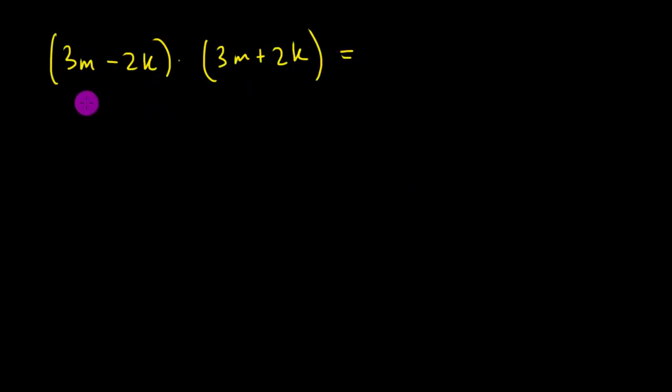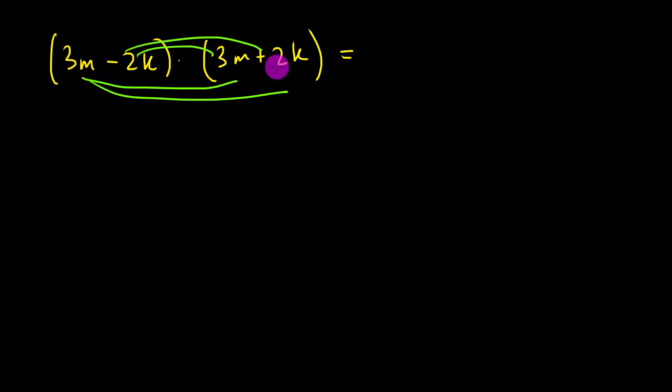Okay, what about this one? We'll do the same process. 3m times 3m, 3m times 2k. Here you have minus, so minus 2k times 3m, and then minus 2k times 2k. What do you have here?